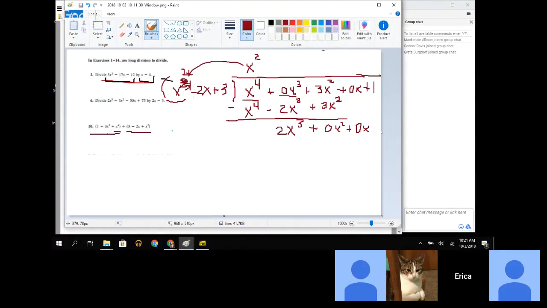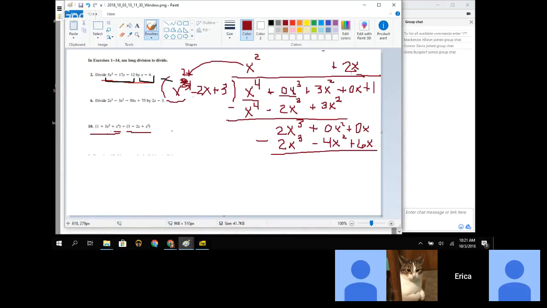Well, I need to multiply by 2x, right? 2x times x squared gives me 2x cubed, all right? 2x times negative 2x gives me negative 4x squared, and 2x times 3 gives me 6x.